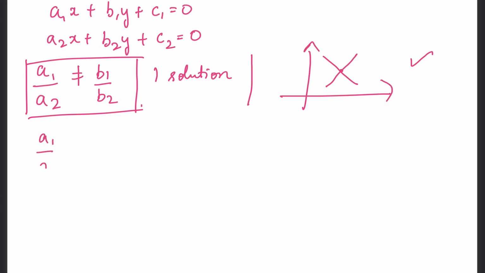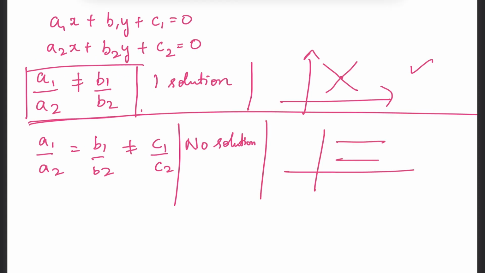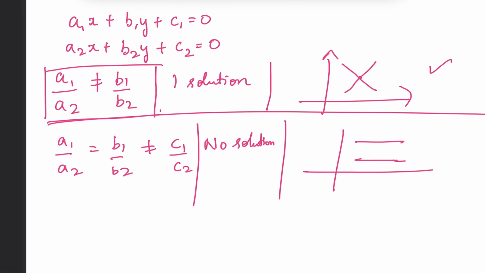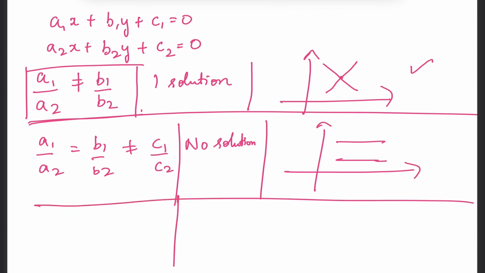In the second case, where a1 by a2 is equal to b1 by b2, that is not equal to c1 by c2, there will be no solution. How is the nature of the graph? We get two parallel lines. It is very clear that there are no solutions for these kinds of graphs.